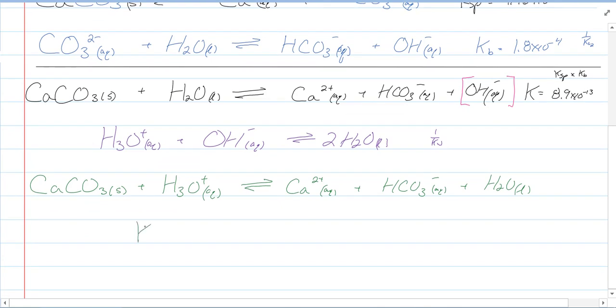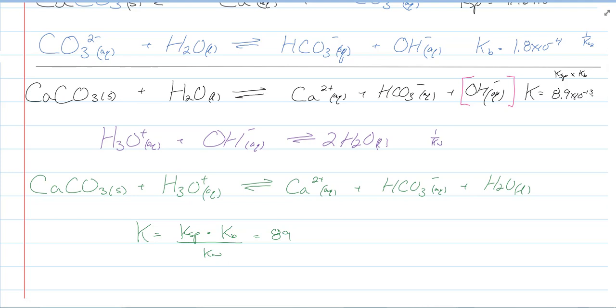So this green K is the original KSP times the KB all over KW, which happens to be 89. So I go from 10 to the negative 13 to 89. Product favored. Now, not hugely product favored, but it's product favored. So that's how I can dissolve calcium carbonate.